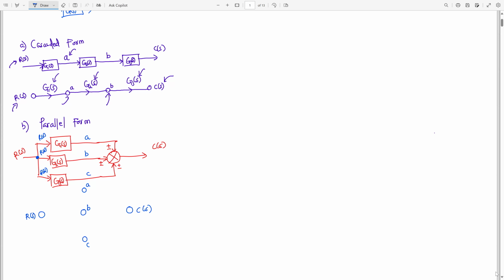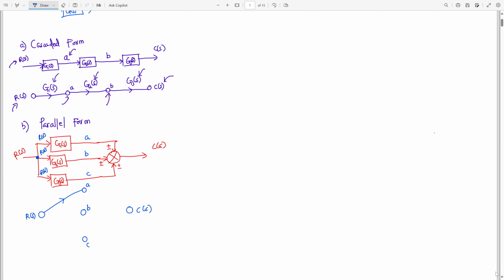So this block connects the input signal to this internal signal A, right? So we just stick it from the R of S node and then connect it to the node A. And then we have to show the direction of the signal, right? So it's flowing in this direction.